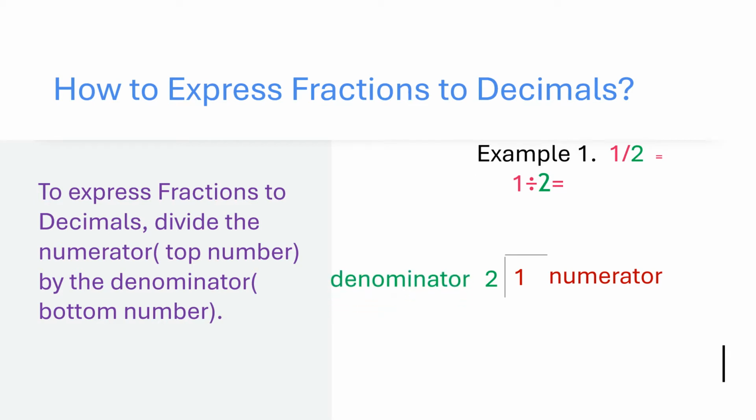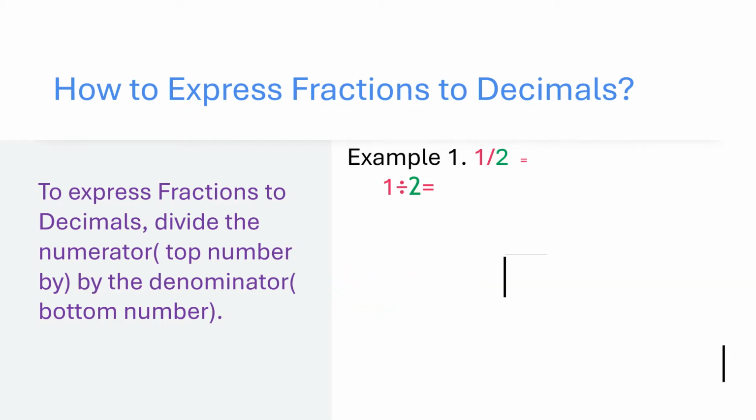Let's divide now. We have 1 as the numerator inside the division sign, and 2 as the divisor, that's the denominator. Now, 1 divided by 2, we can't because 1 is less than 2.